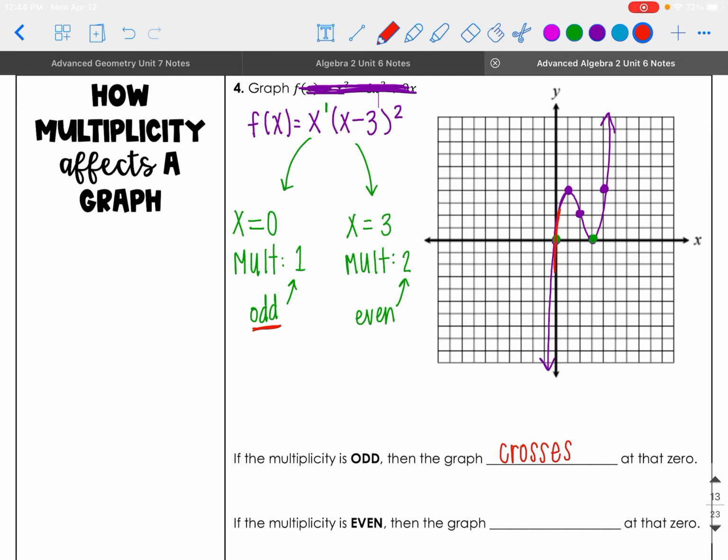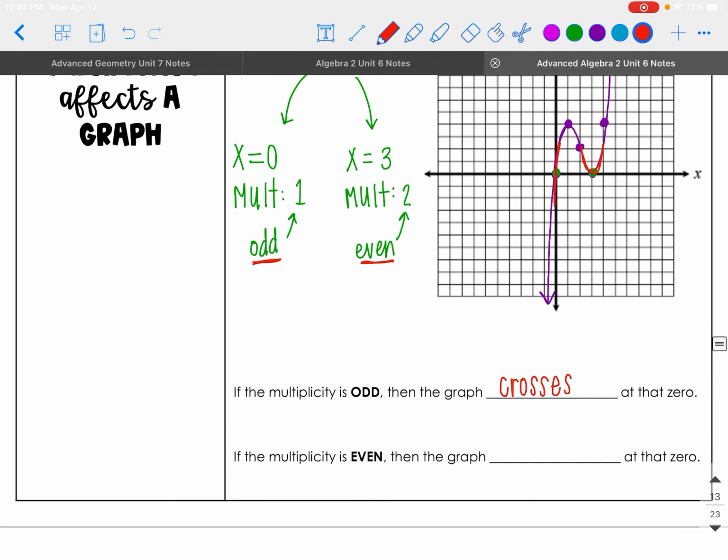It crosses through. When the multiplicity is 2 here, or specifically an even number, it doesn't cross. It kind of touches it and bounces back. So if the multiplicity is even, it bounces.